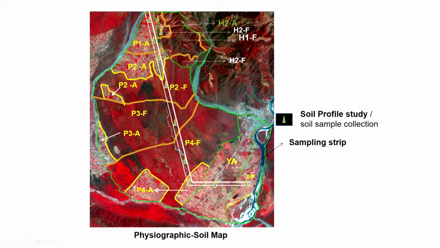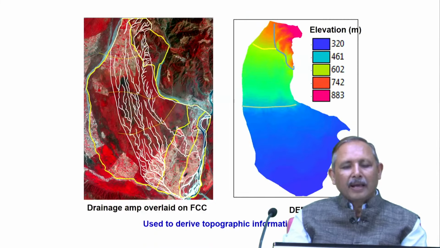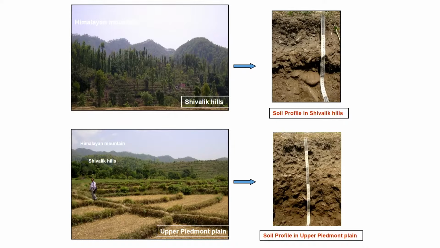If you want to collect the soil samples, then we take a transect or sampling strip considering the road crossing the entire area. So we do sampling on both sides of the road, but away from the road, at least 100 meters away from the road, we take the soil samples. And here, you see that I have taken the soil profile study.